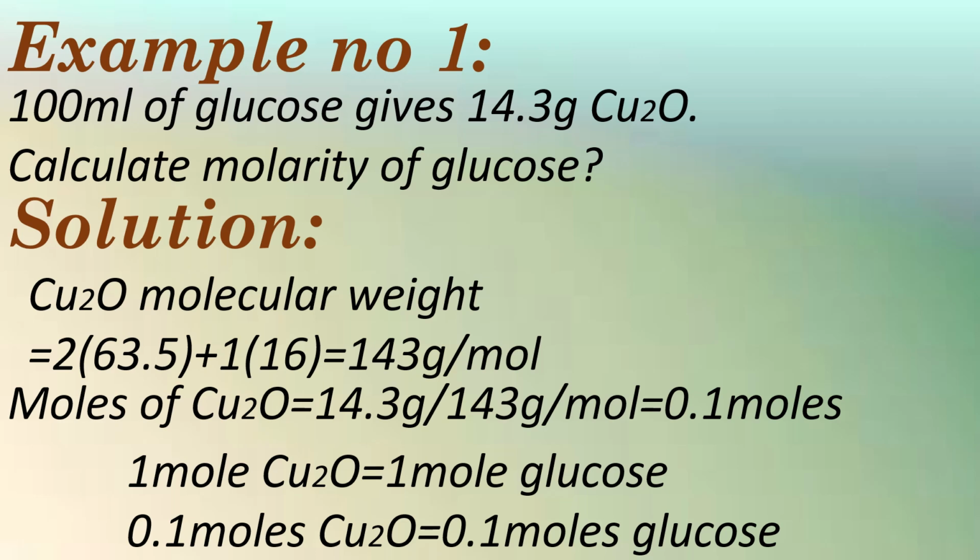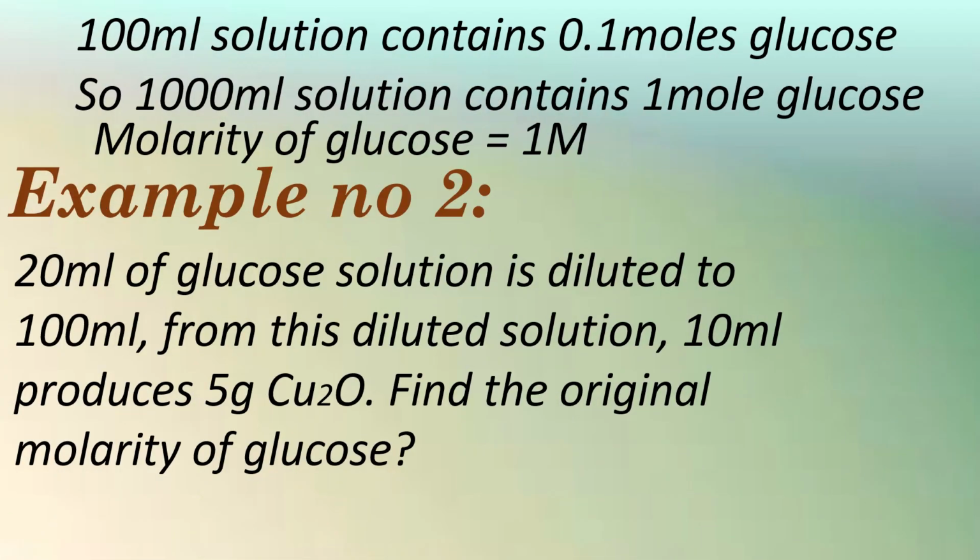Now, because we have to find the molarity of glucose, we apply the mole ratio. 1 mole copper oxide is formed by 1 mole glucose, so 0.1 moles copper oxide is formed by 0.1 moles glucose. 100 ml solution contains 0.1 mole glucose, and molarity is in 1000 ml.